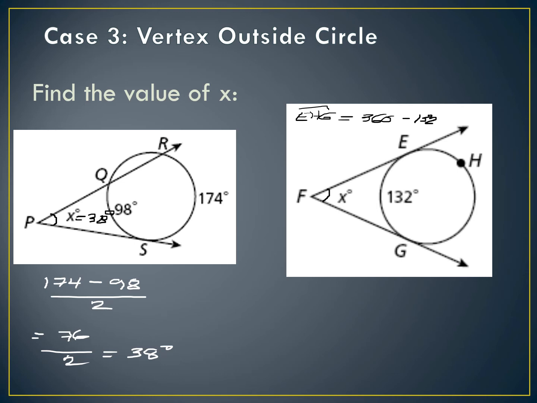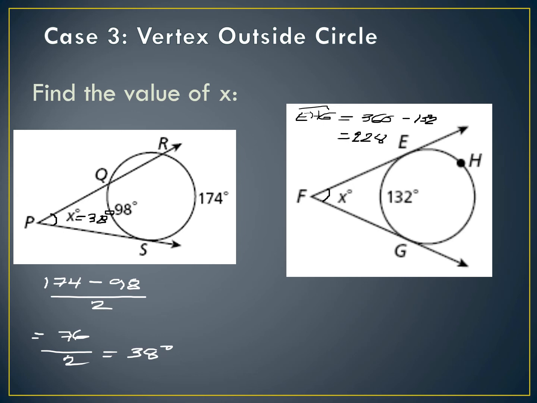Kasi pag pinagdugtong mo yung EG at saka yung EHG, you will create a complete revolution or yung isang buong circle. That's why 360 minus 132 yung measurement ng arc EHG, which is equal to 228.